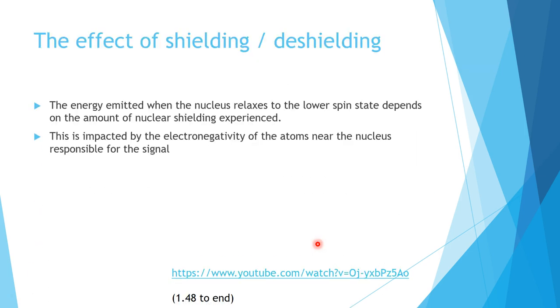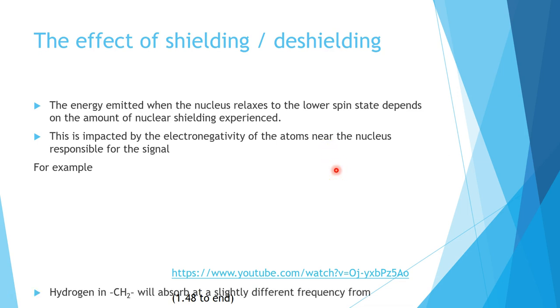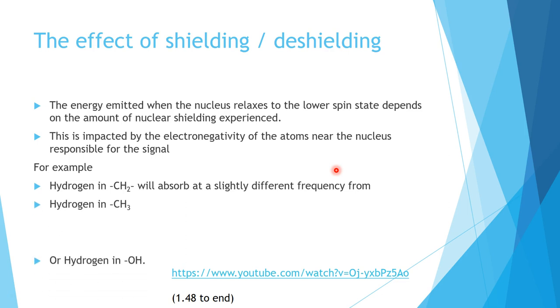So what shielding or deshielding means is that in a perfectly alkyl hydrocarbon, a normal chain, protons will behave in a particular way, and we can record their chemical shift. But that chemical shift can change depending on the environment of the nucleus that we're looking at, in this case hydrogen.